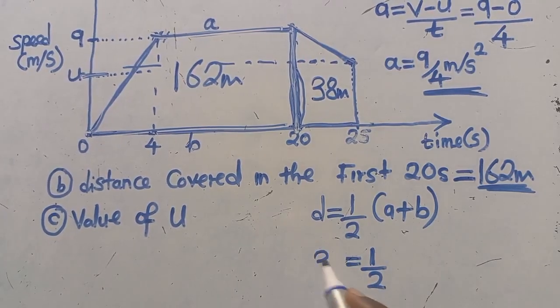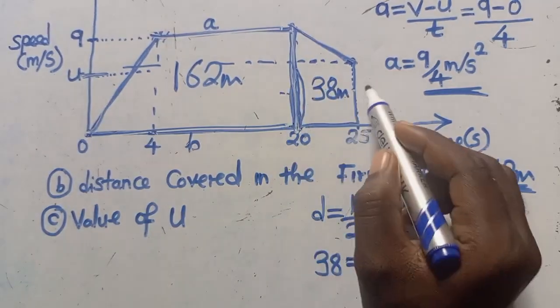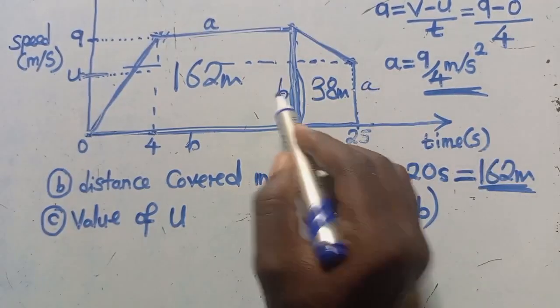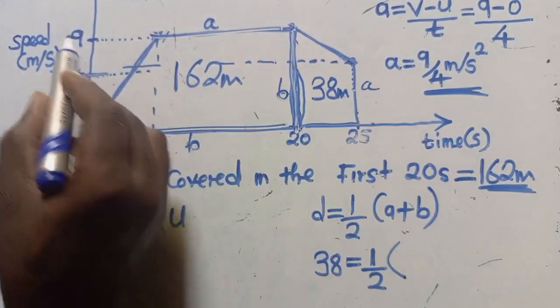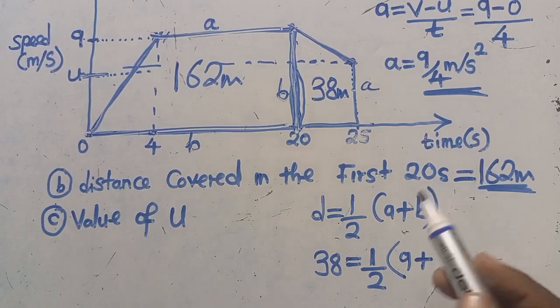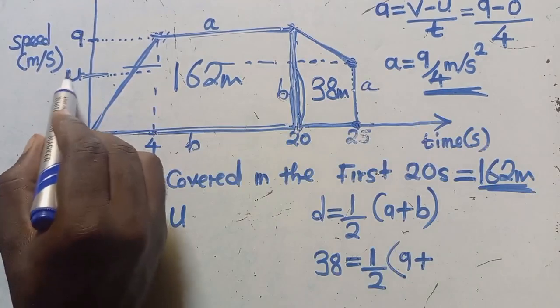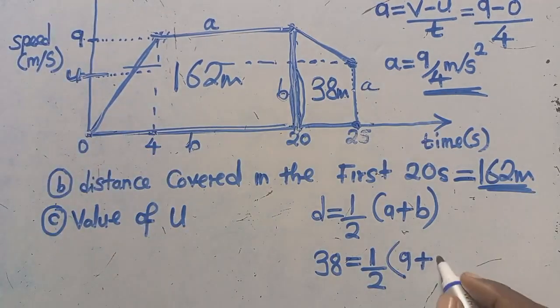I'm told distance is 38, isn't it? 38, open bracket. What is a? These two sides that are parallel, this is a, this is b. So b is 9, plus, and from here up to there is u, isn't it? So I get u there.